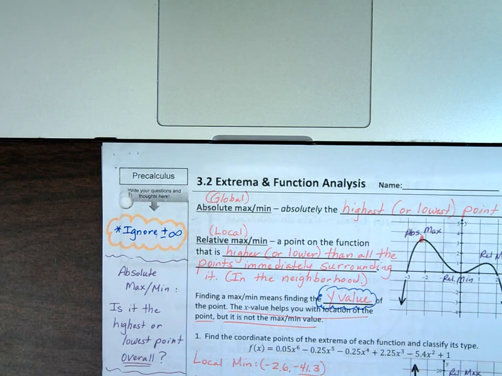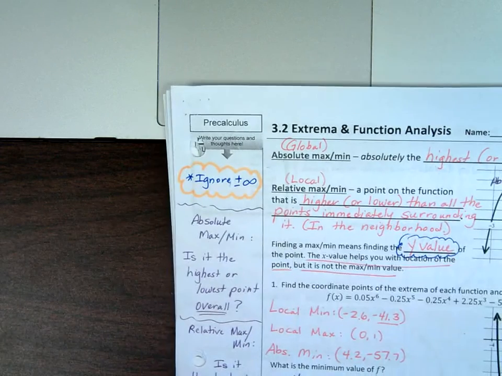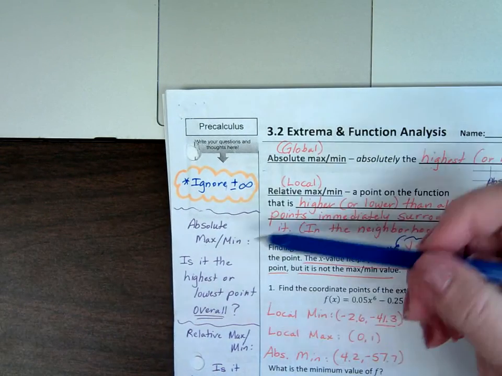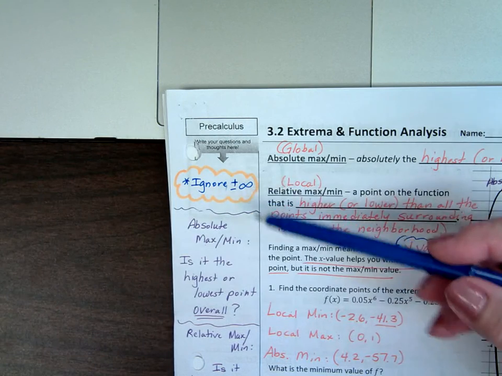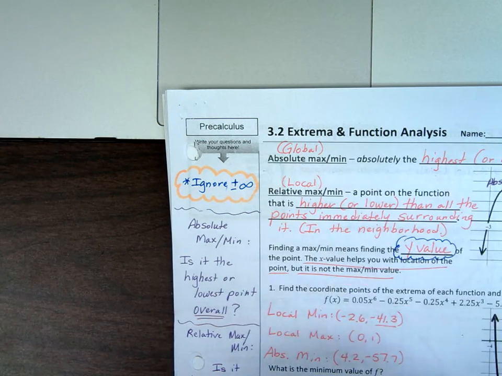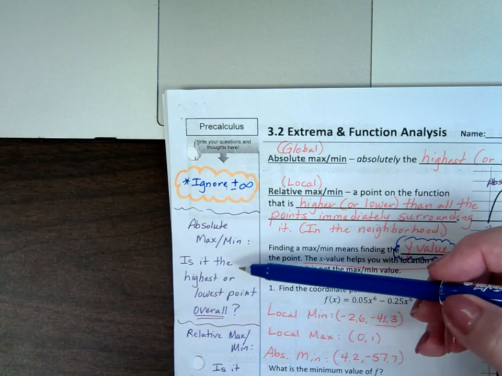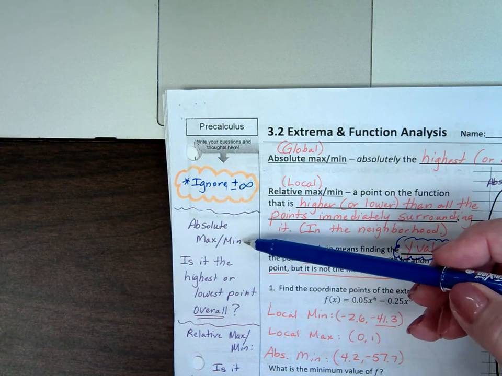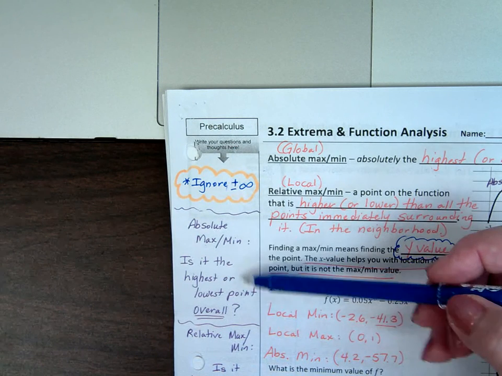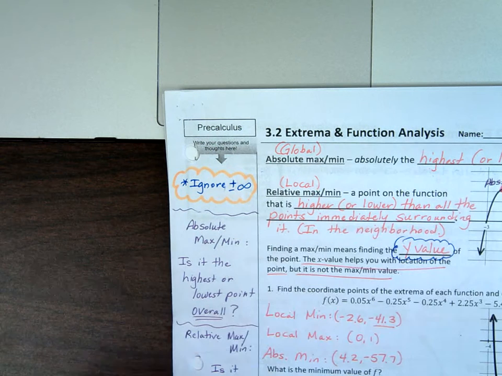All right, so out in my margin, one of the things that you're looking at, we're kind of going to ignore infinities, but we'll talk about that a little bit more when we get into the examples. So the first thing that I put in my margin was for absolute maximums or minimums, is it the highest or lowest point overall? When you're looking at the entire picture, are you the highest or are you the lowest?